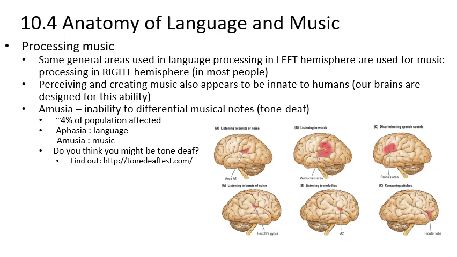And then the same general areas are used for similar functions in music. The area that discriminates speech sounds on the left hemisphere is used for comparing pitches in the right hemisphere. The one for listening to words in the left hemisphere is used for listening to melodies in the right hemisphere, etc.